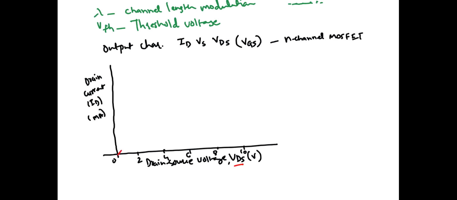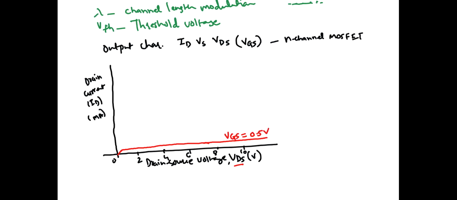But after that, your current is saturated because the channel is pinched off. Let me draw it properly. Your channel is pinched off. That's why the current is saturated. So this is for VGS equal to 0.5 volt, for example.